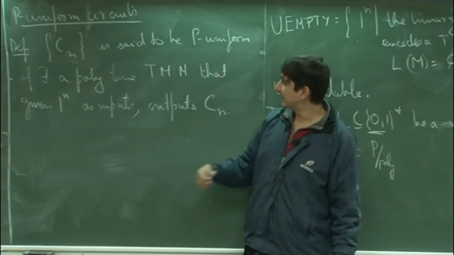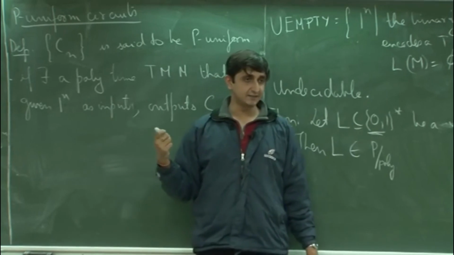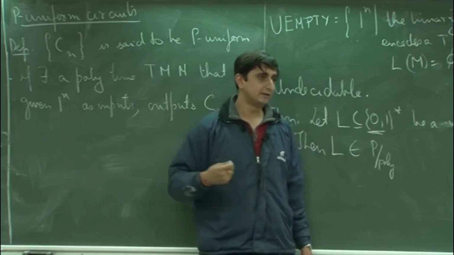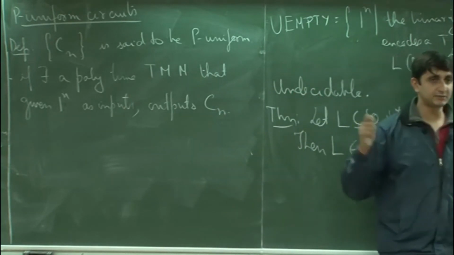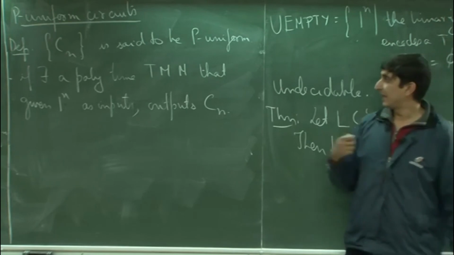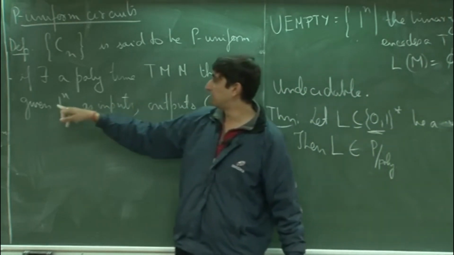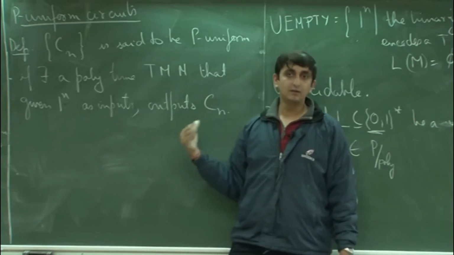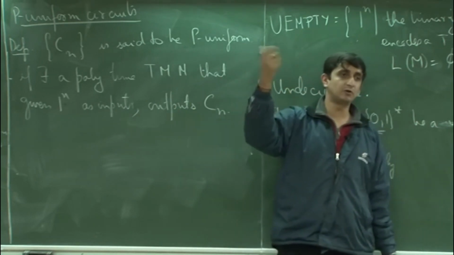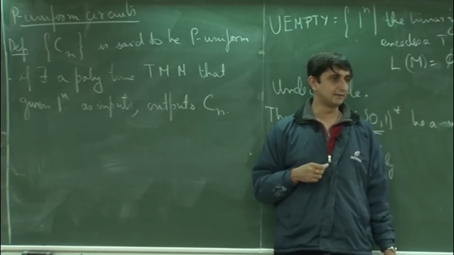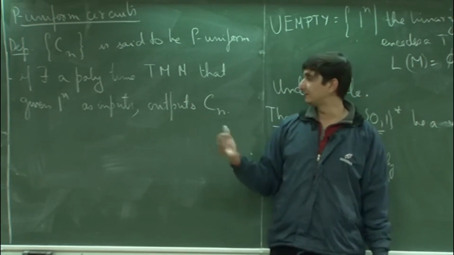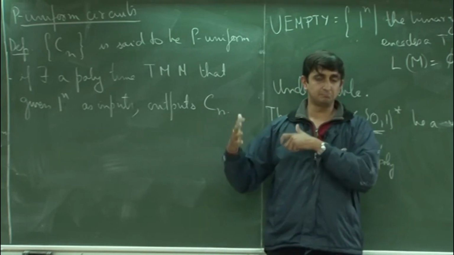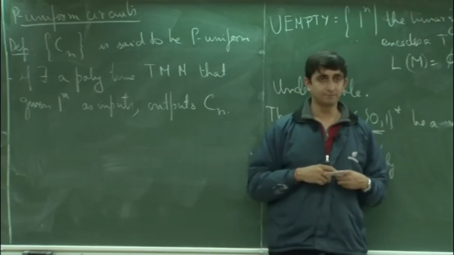Then, given any input string x, first you look at the length n of that string, then you simulate this machine M on 1 to the power n. That will give you the circuit C of n. Now you can simulate that same input on the circuit and answer yes or no. So, basically this is a more proper way of going from languages accepted by circuits to Turing machines.